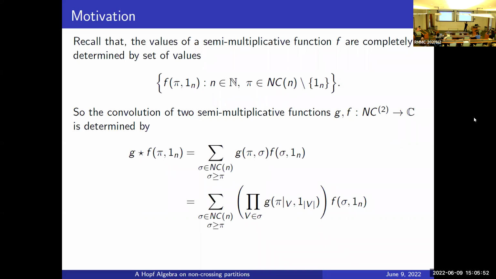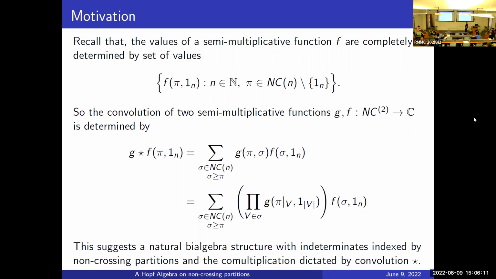Now, the semi-multiplicative condition allows me to take g, which is from pi to sigma, and break it into intervals that go up to 1n, or partitions with only one block. Good. The point that I want to make is, as Andu mentioned before, when you have a convolution of this type, you can always think of this as a dual of a bialgebra or Hopf algebra. And in this case, we are going to do it over non-crossing partitions.